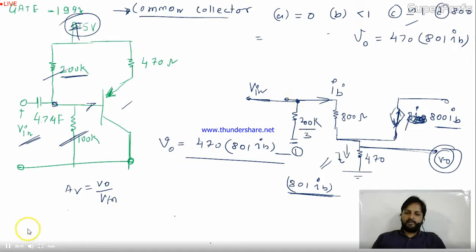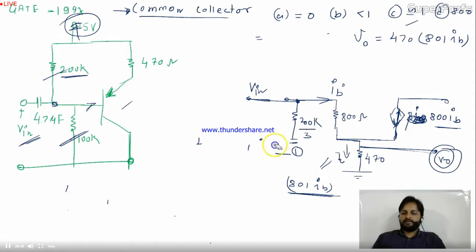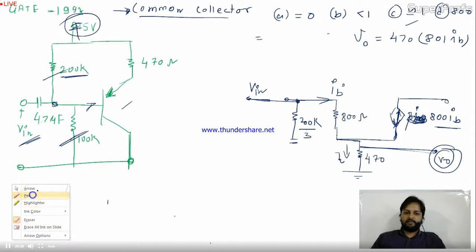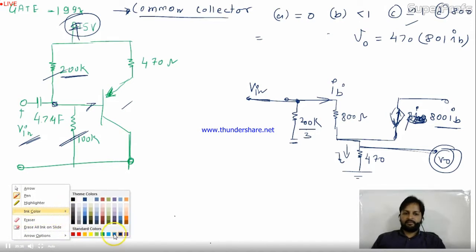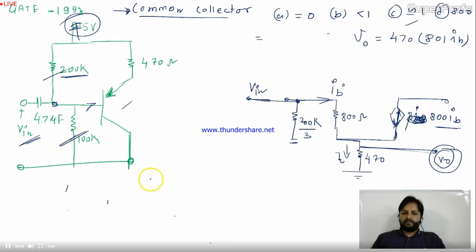Now I need to calculate V in. How to calculate V in now? To calculate V in, you will apply KVL in the input side of the loop or mesh. Always start from V in and go to the ground if you want your current or voltage drop. So I'm starting with V in. You are going into this, you have a drop of 800 IB.